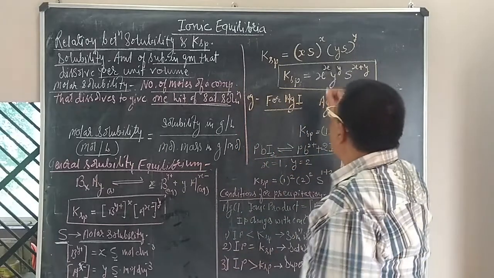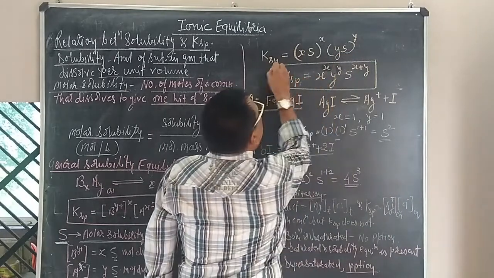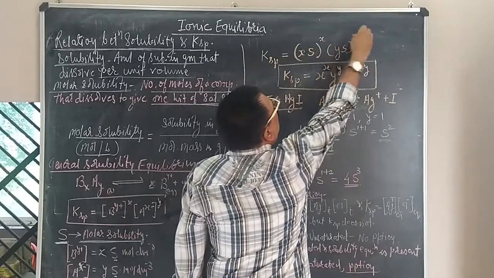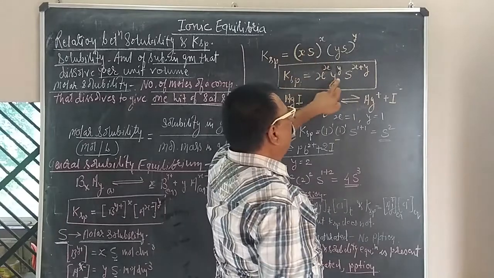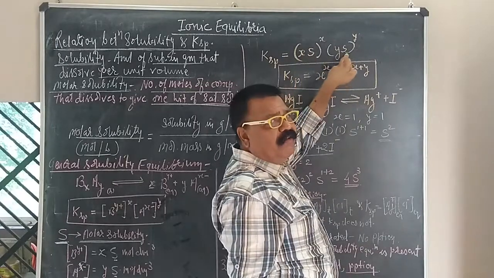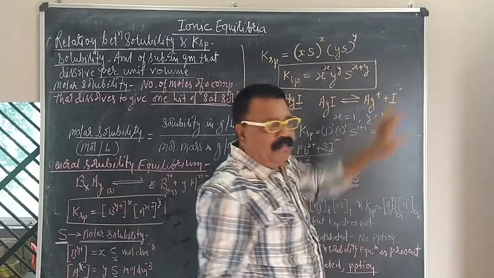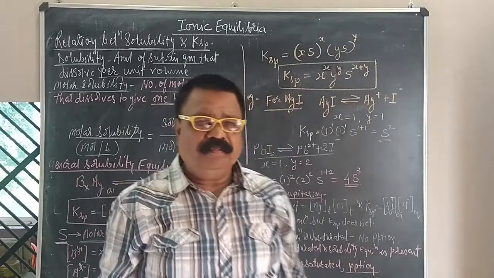Clear? Now let us solve this. Ksp equals x raised to the power x, y raised to the power y. The common factor is S, so S raised to the power x plus y. This is the mathematical term.